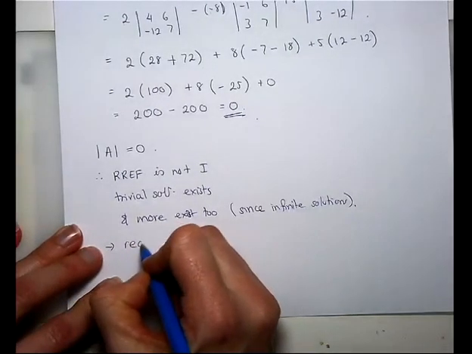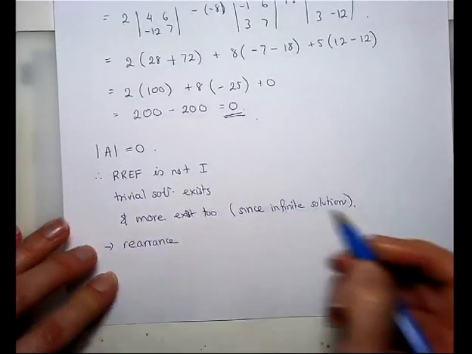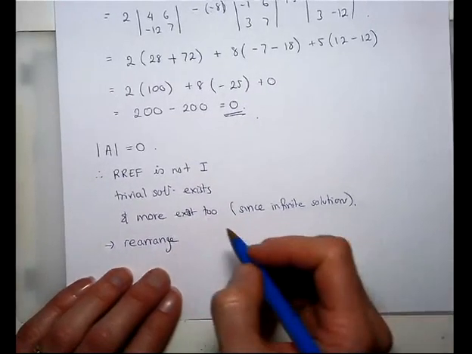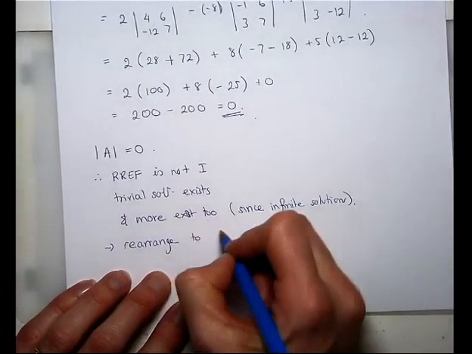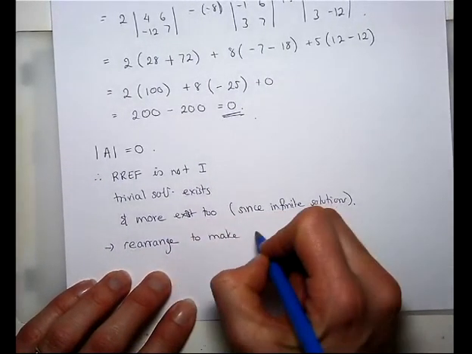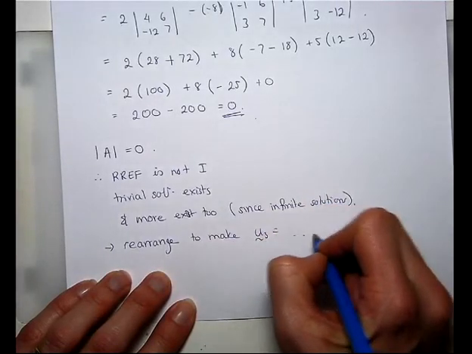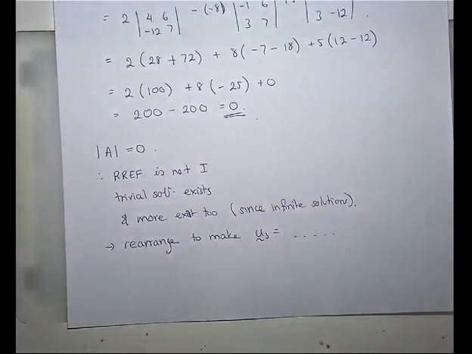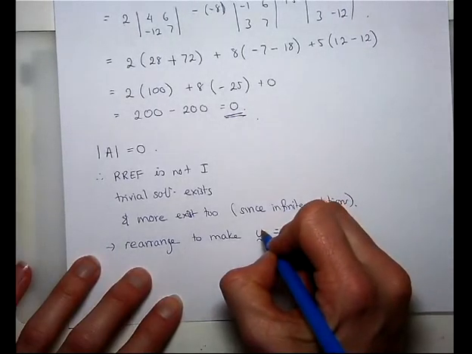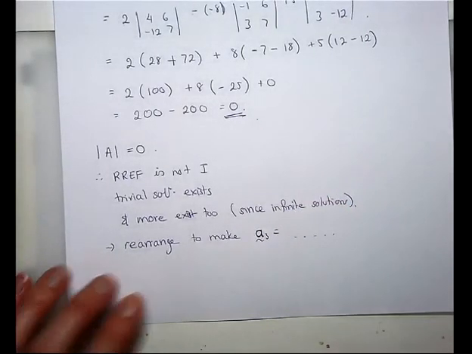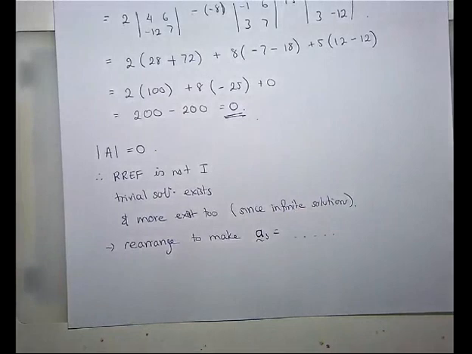That means you can rearrange it to make one vector in terms of the others. So something with a U1 and a U2 there. Oh, we've got A's, sorry. So A3, you could write that in terms of A1 and A2 somehow.